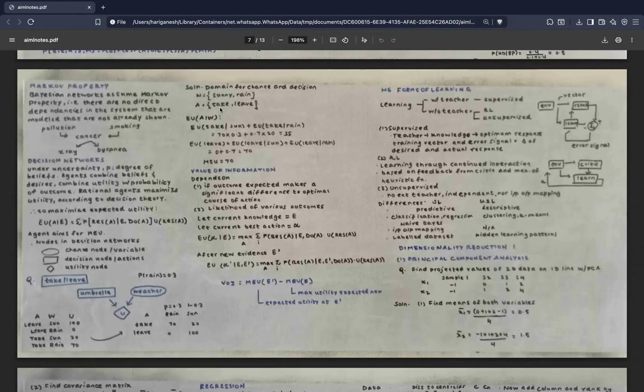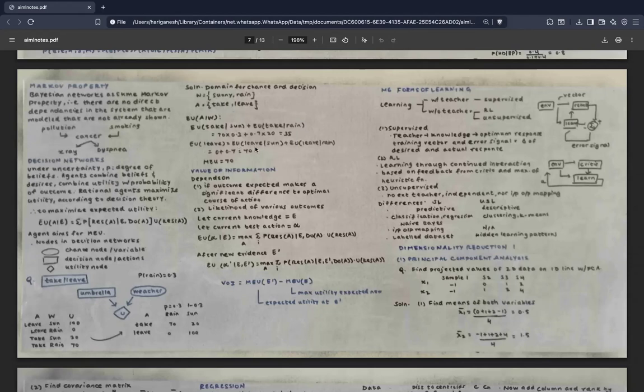So that accounts for the probability of action one, which is take. You use this table to arrive at that and you calculate that. Similarly, you use the expected utility of leaving and you sum both possibilities of leaving. You can leave the umbrella when it's sunny, and you can leave the umbrella when it's raining.